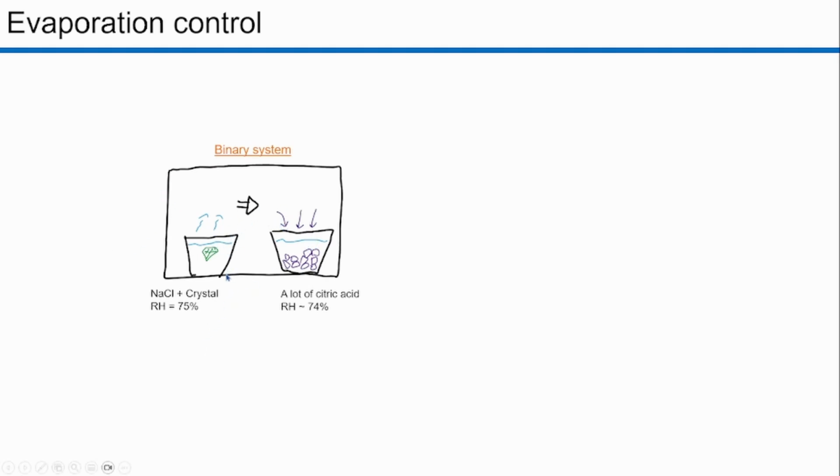So in this case, I've been using sodium chloride in a little crystal, which has an equilibrium humidity of 75%, and in the other vessel I have put a bunch of citric acid and dissolved it to the limit, and just added more citric acid, so I have enough material to keep water coming in. Citric acid has an equilibrium relative humidity around 74%.